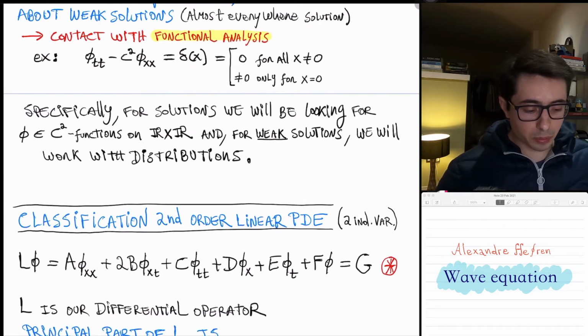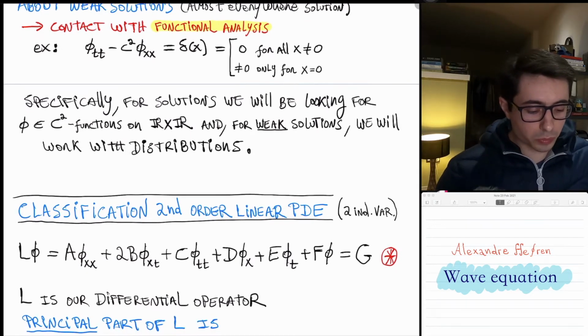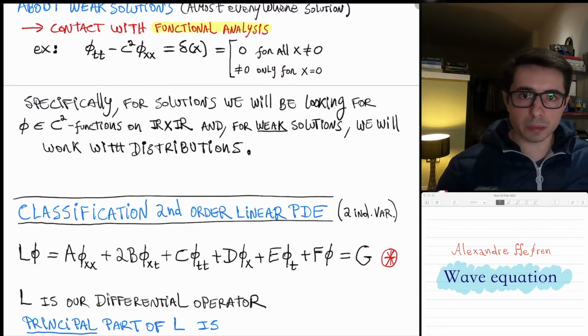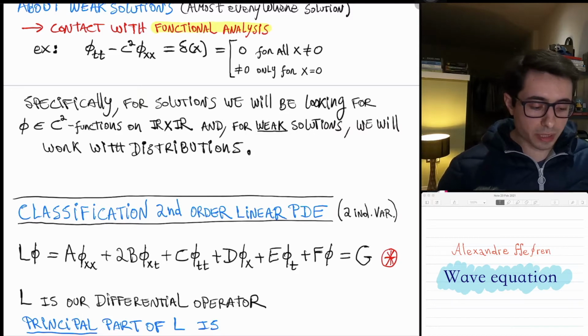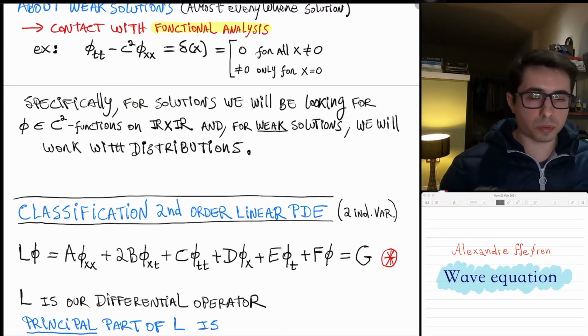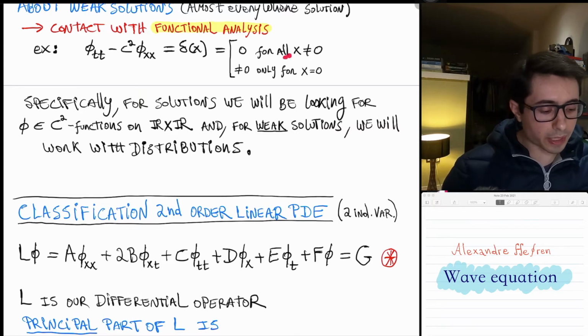And just to give an example, basically we could ask that here, instead of being 0 as required by the wave equation, we could say that it's not 0, but this is delta of x, where delta of x is 0 almost everywhere, apart from one point, namely the point x equal to 0.